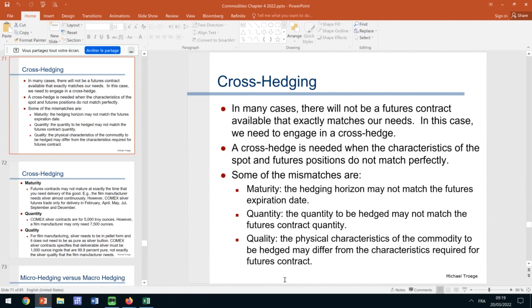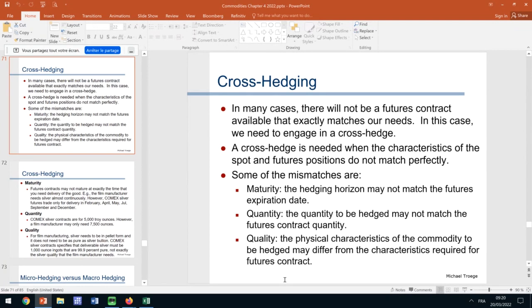Let's suppose I produce a certain quantity of oil. Should I forward sell exactly this quantity in the slightly different contract? What is the best hedge quantity that I need to implement? And the answer is no.